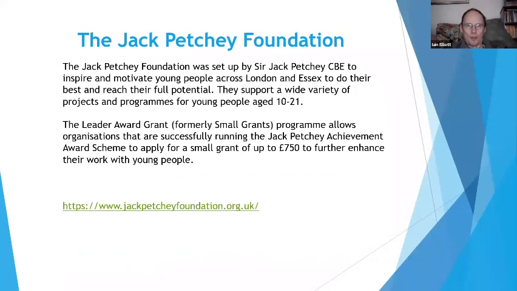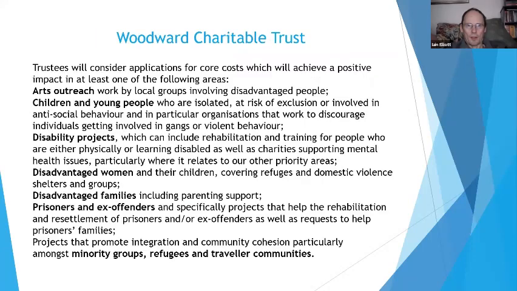Jack Petchey Foundation. Wide variety of projects and programs for young people aged 10 to 21. Woodward Charitable Trust. They actually fund core costs, which will achieve a positive impact.